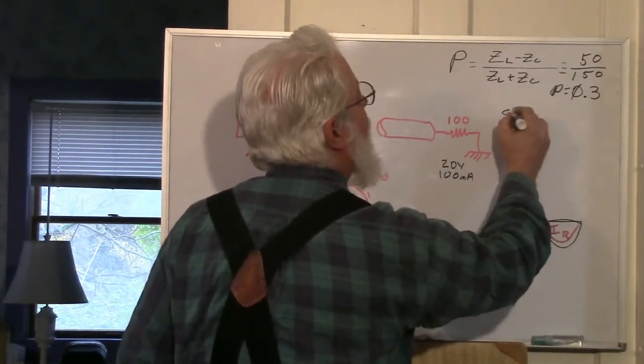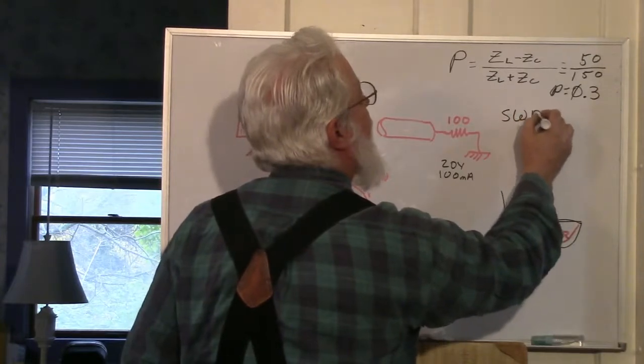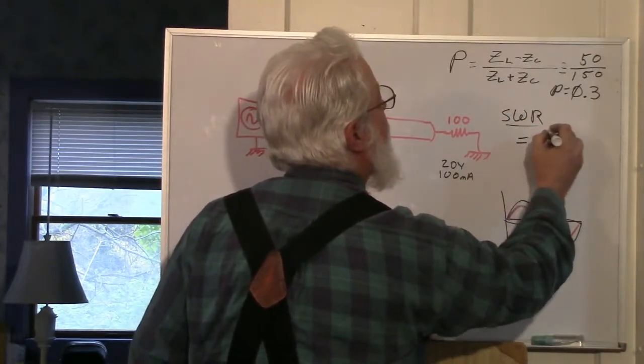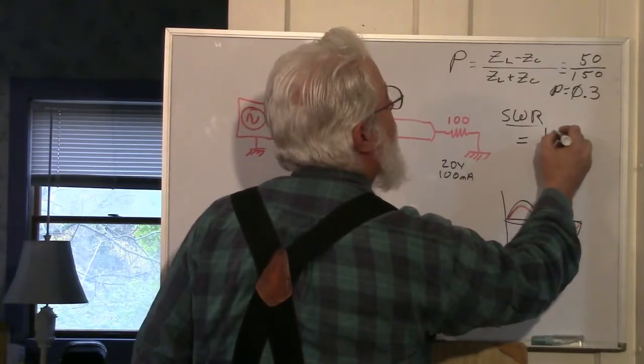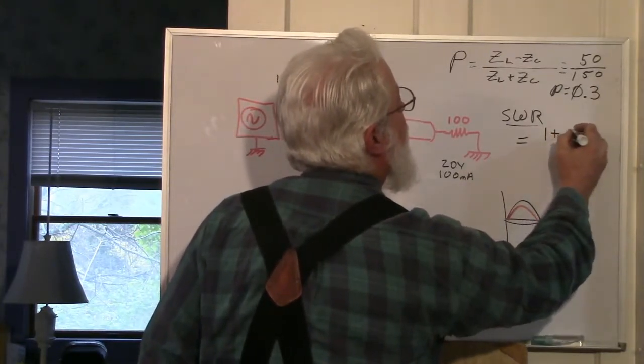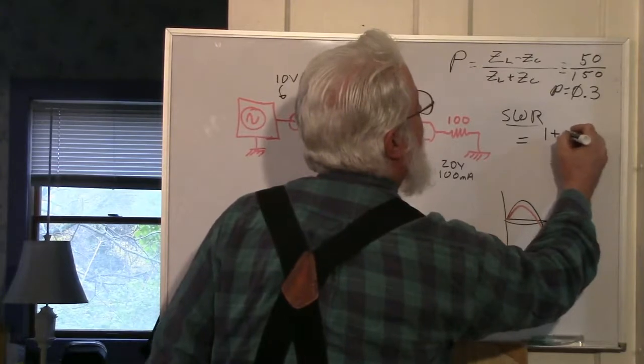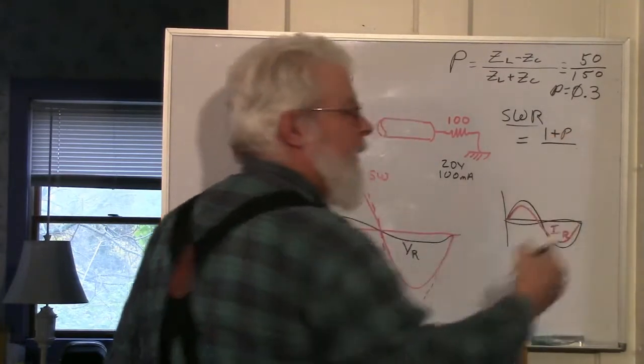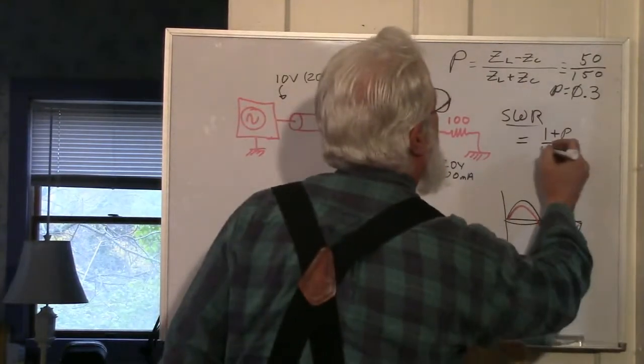And the SWR, we can calculate from that, is the ratio of the forward plus the coefficient that's reflected, which is rho. I've also seen it listed as gamma.